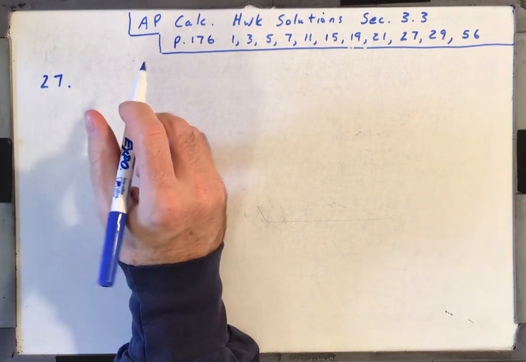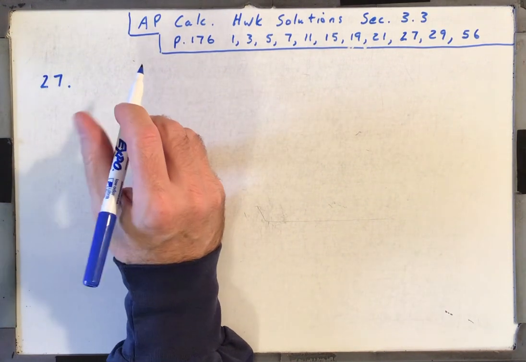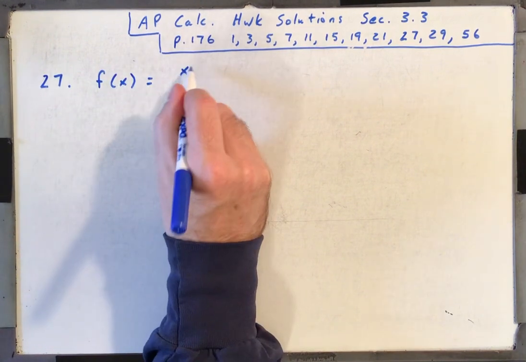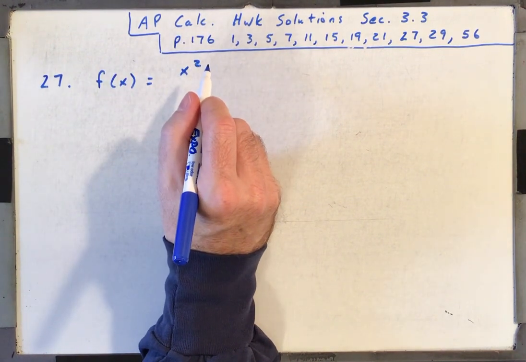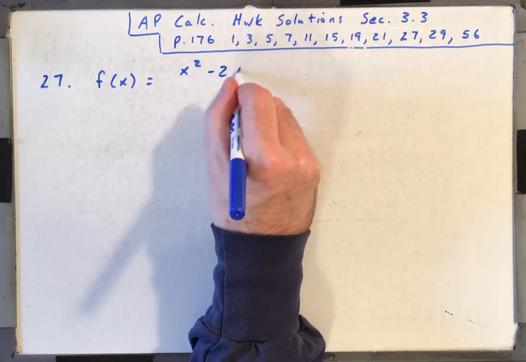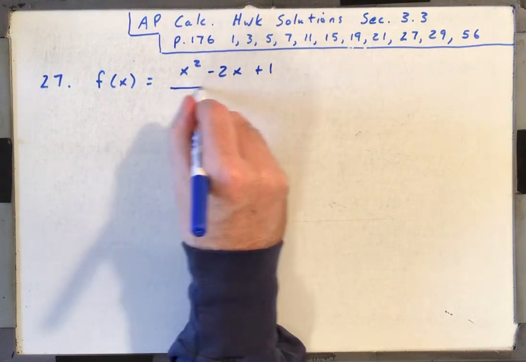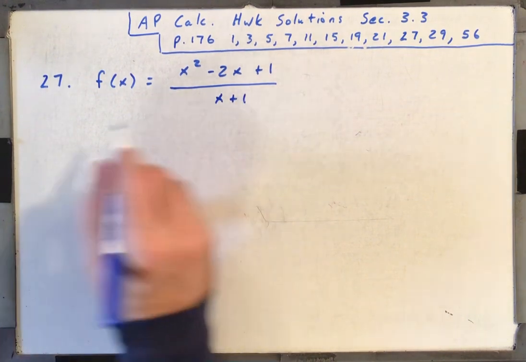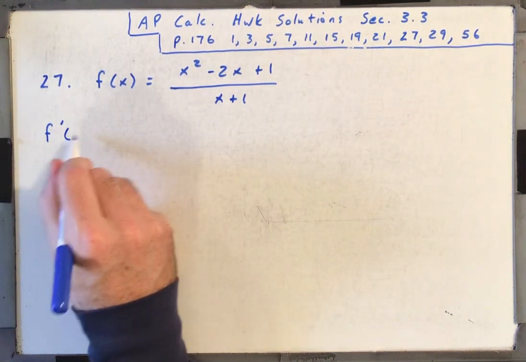27. So 27, we have f of x, x squared minus 2x plus 1 over x plus 1. So this is a candidate for the quotient rule.